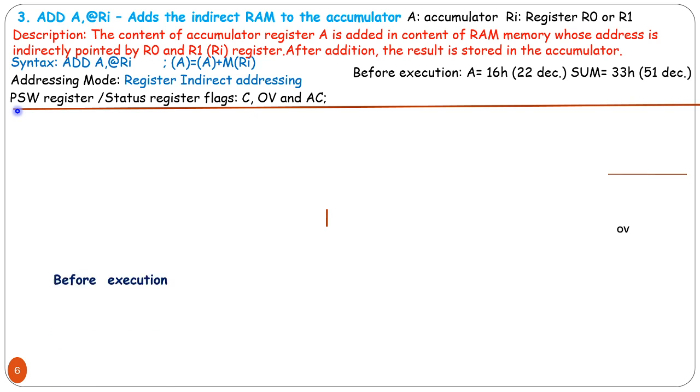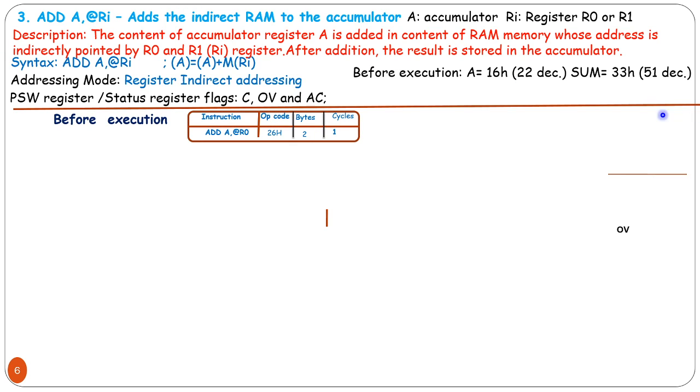Before execution, we are assuming the content of the accumulator is 16H, and the decimal number is 22. When execution is done, the content will be 33H, which we will see later on.